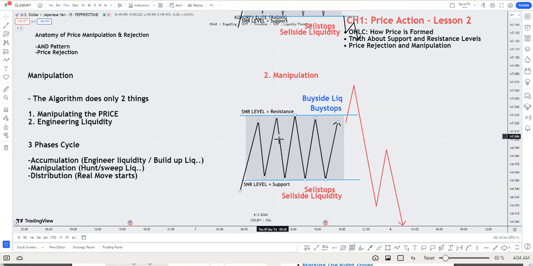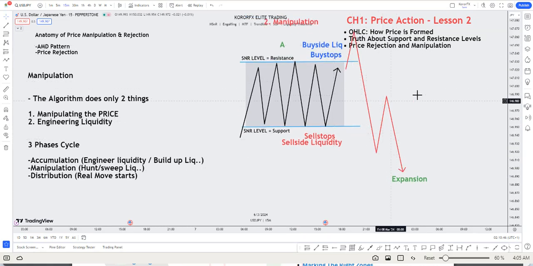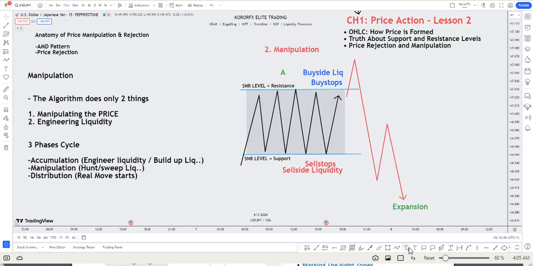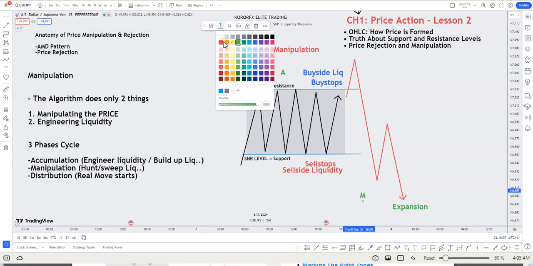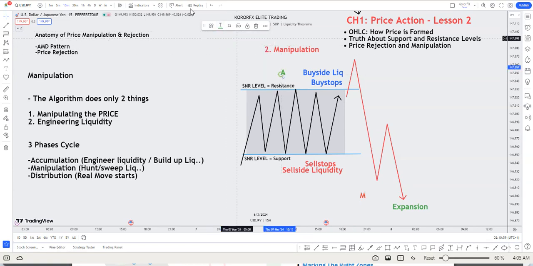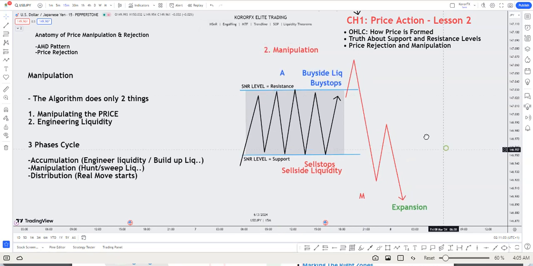So we have the accumulation phase A, and we also have the manipulation phase M. This is the manipulation phase, and this is the accumulation phase.